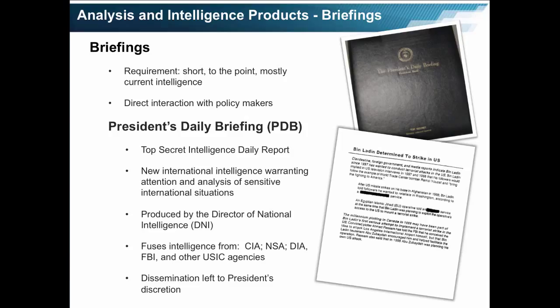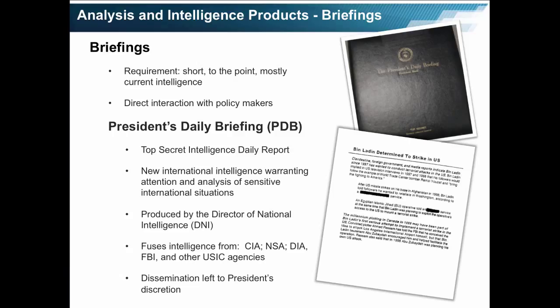The most important of the briefings, which are short to the point and mostly deal with current intelligence and require direct interaction of the policymakers, is the President's Daily Briefing. This is a top secret intelligence report. It covers new international intelligence warranting attention and analysis of sensitive international situations.